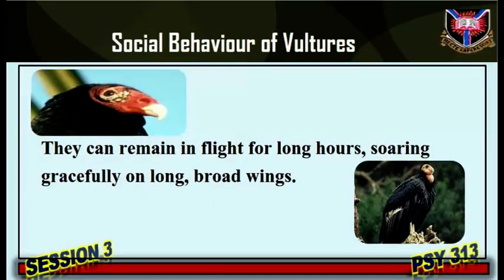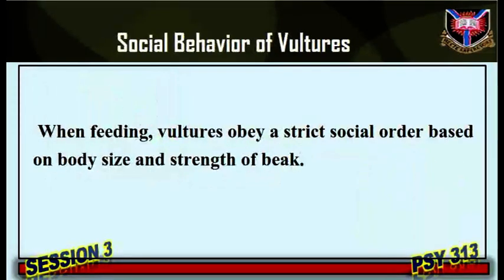When one bird finds a dead or dying animal, others fly in from long distances away to feed on the animal as soon as it drops dead. When feeding, vultures obey a strict social order based on body size and strength of beak. This is the reason why vultures will always allow large mammals at the scene to eat first before they start eating.